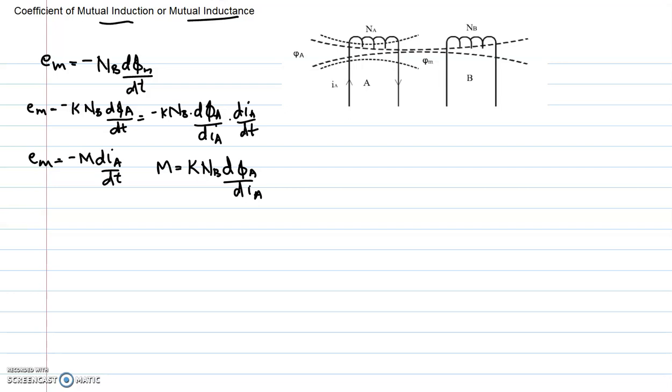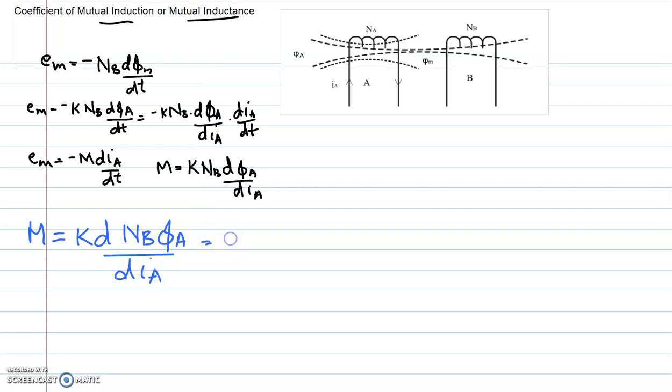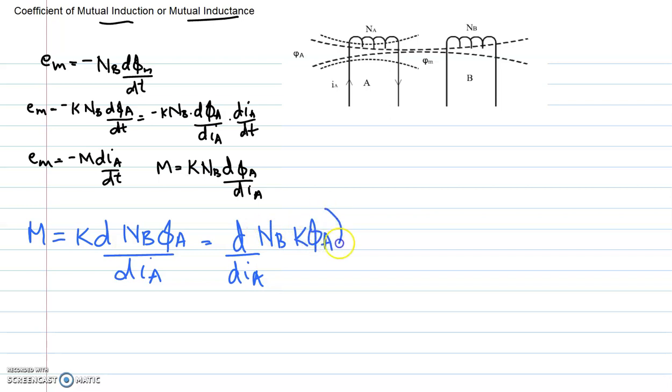So the M can be rewritten as M is equal to K into d by dIA into NB into phi A. Now what is K phi A?